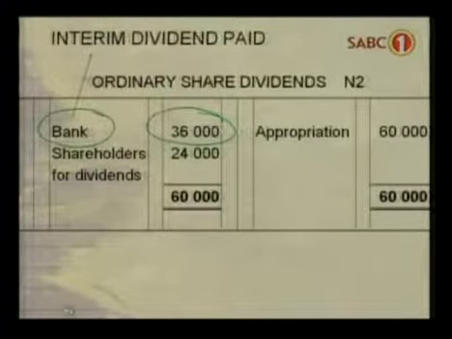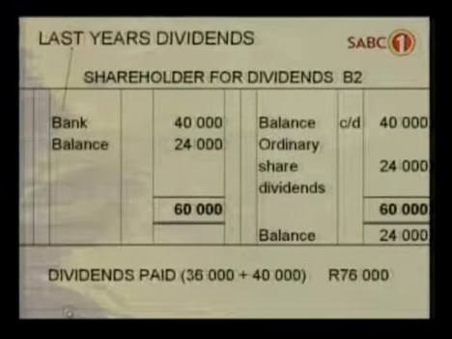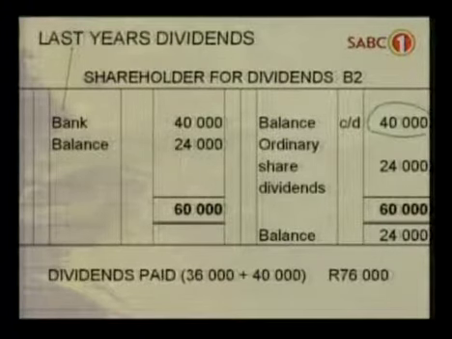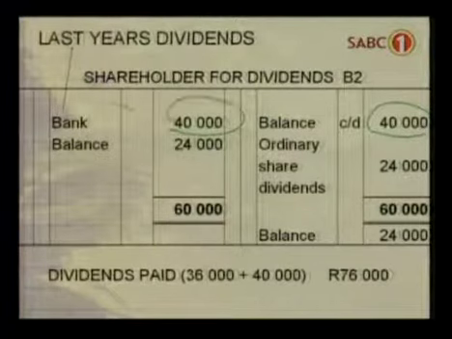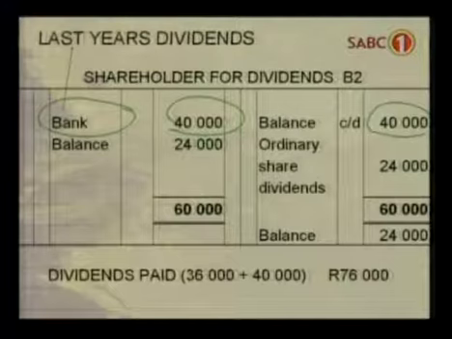Right. Then, if you look at this account here, your shareholders for dividend, it had a balance at the beginning of the year, a credit balance of 40,000. Now, in this year, you're going to pay last year's figure. And what was last year's figure? This 40,000, which we're going to be paying. Therefore, you are left with two bank figures. One coming from where? From your shareholders for dividends.